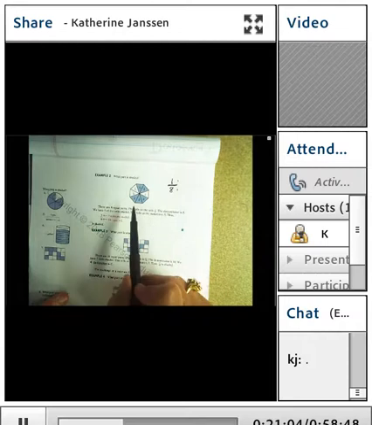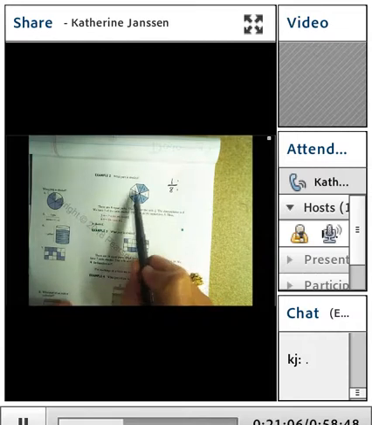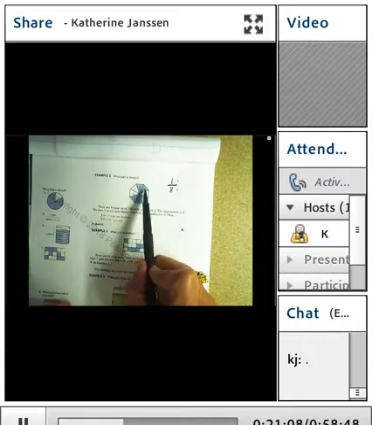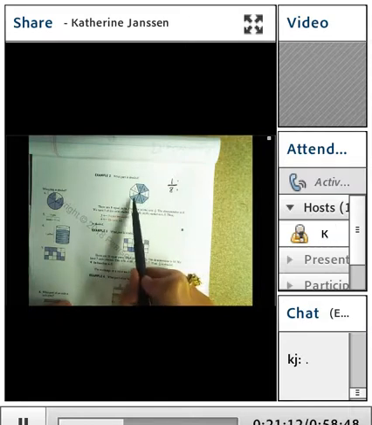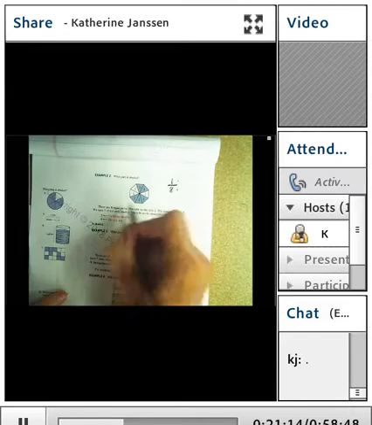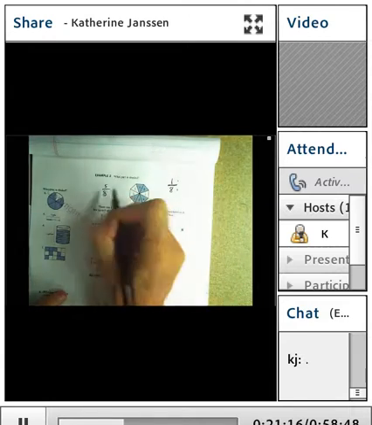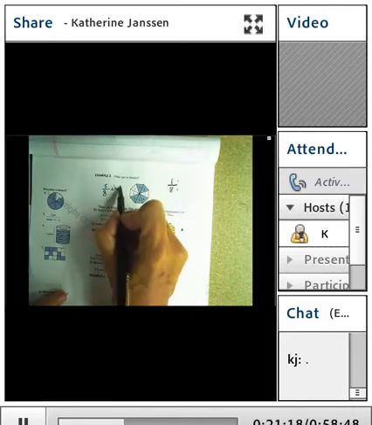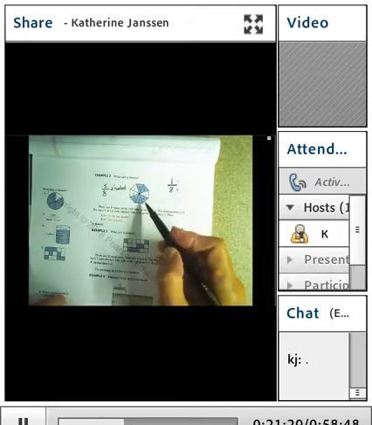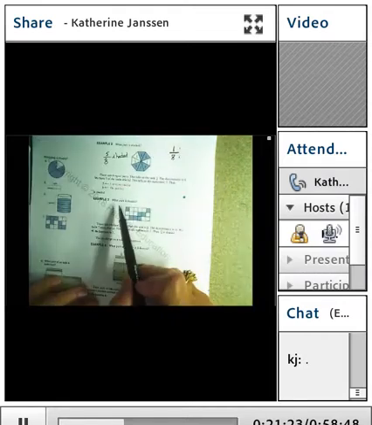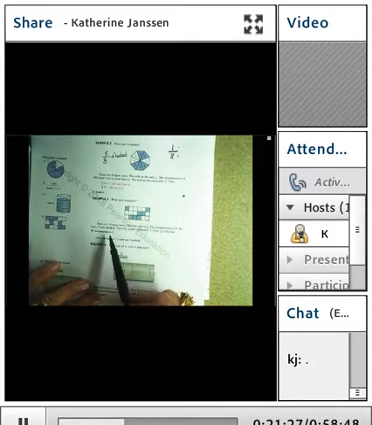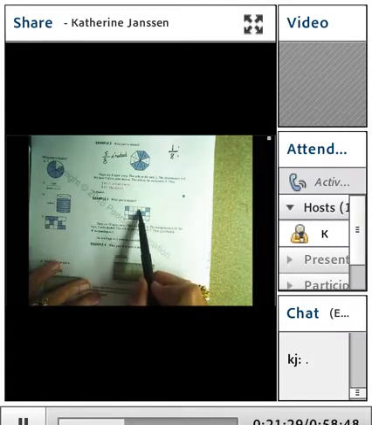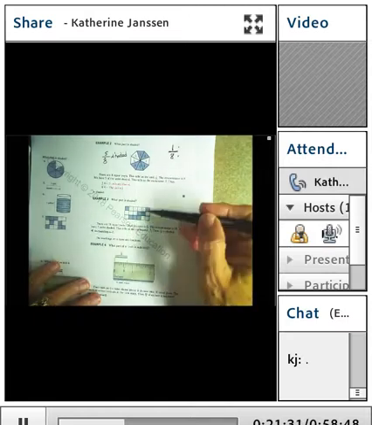If we look at the equal shaded parts of this diagram, we have 1/8 plus 2/8 plus 3/8 plus 4/8 plus 5/8. So there are 5/8 shaded in this diagram. In the next diagram, what part is shaded? Now this whole diagram has 6 units in each of 3 rows.